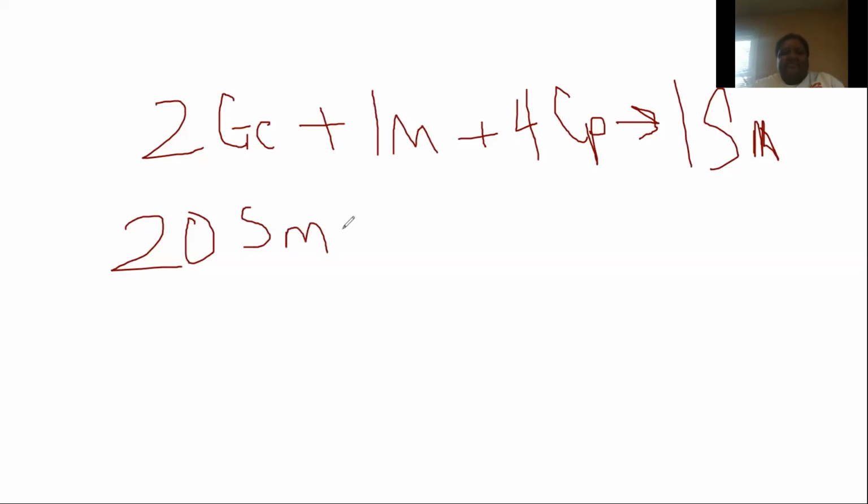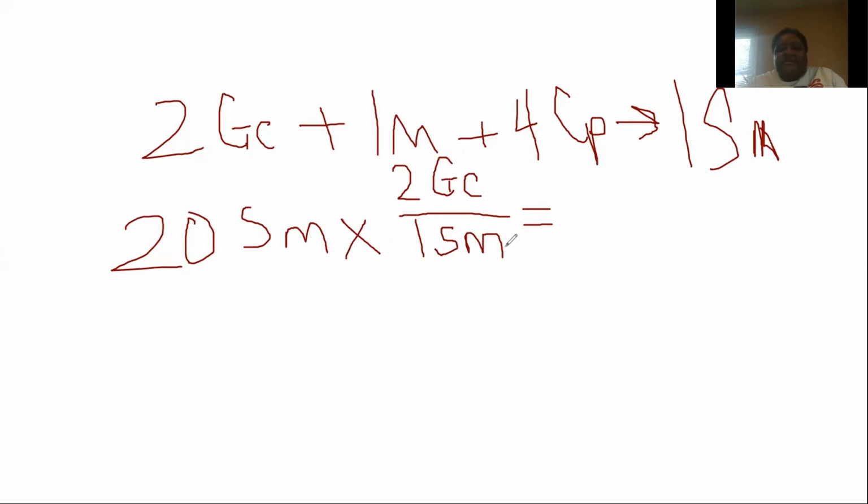Always write down what you're given, and then you do a conversion. So let's do our graham crackers first. Whatever you're given is always going to go on the bottom, okay? So the conversion factor says that for every 2 graham crackers, we can make 1 s'more. So we're going to put 1 s'more on the bottom and 2 graham crackers on top, because that's what we're trying to find, how many graham crackers we're going to need in total to make 20 s'mores. The s'mores cancel out as a unit, and we're going to end up with 20 times 2 divided by 1. So we're going to have 40 graham crackers that are needed to make 20 s'mores.